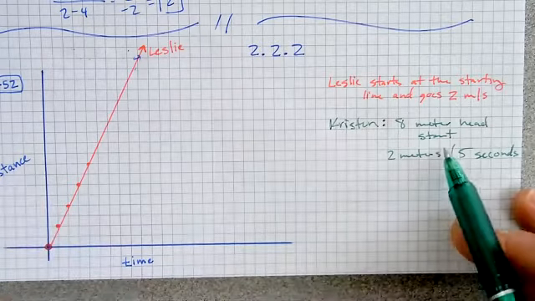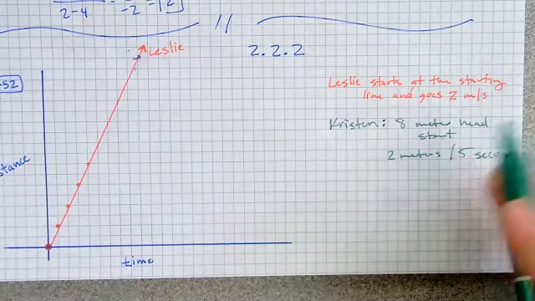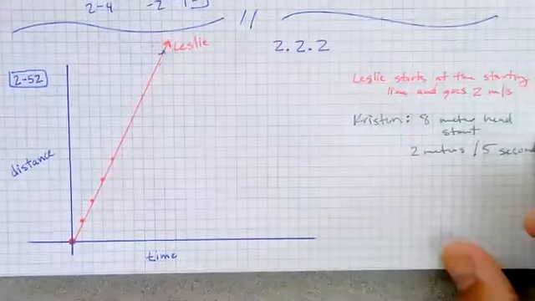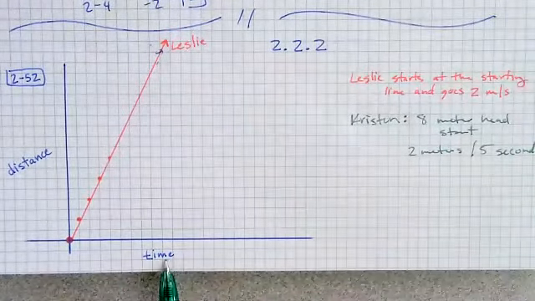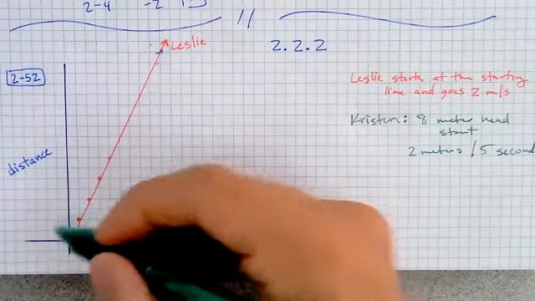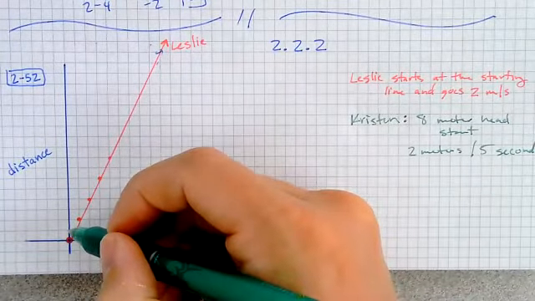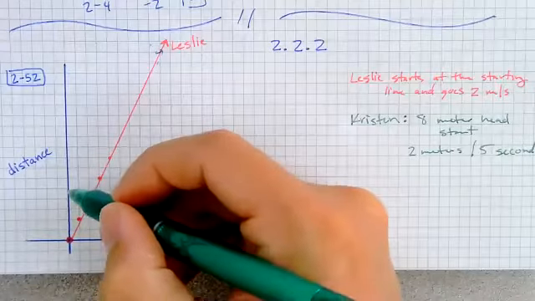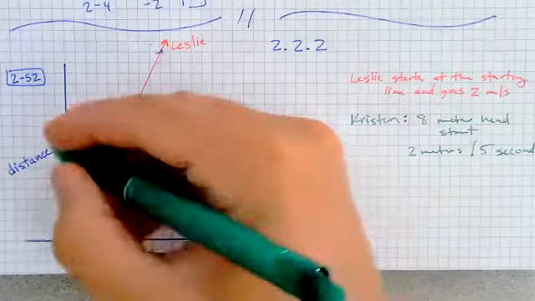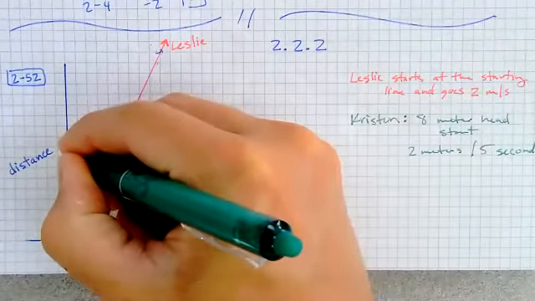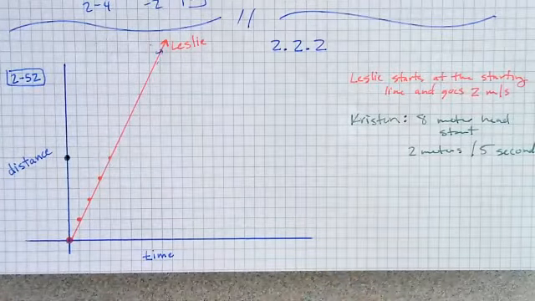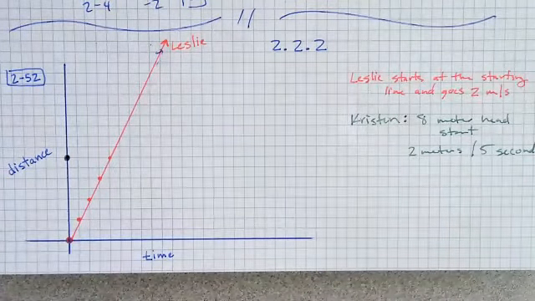So if she has an 8-meter head start, after 0 seconds, how far has she gone? Well, she's gone 8 meters because that's the head start she gets. So 1, 2, 3, 4, 5, 6, 7, 8. So she's starting right there.